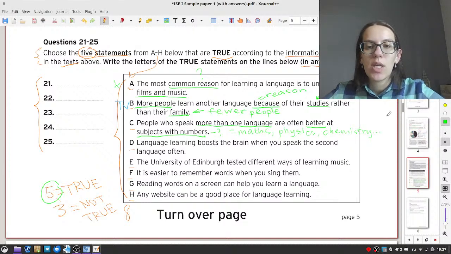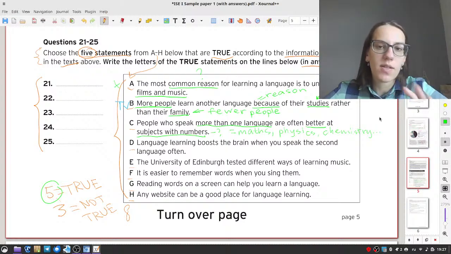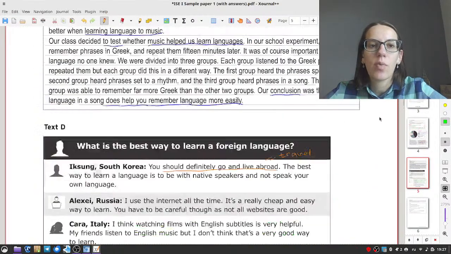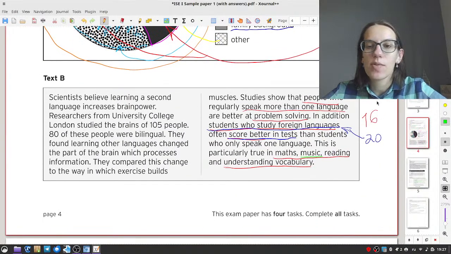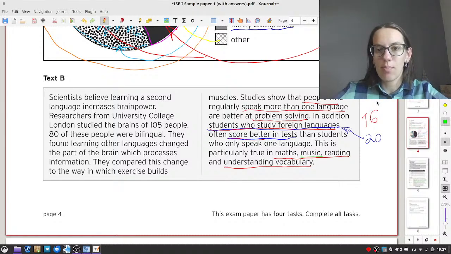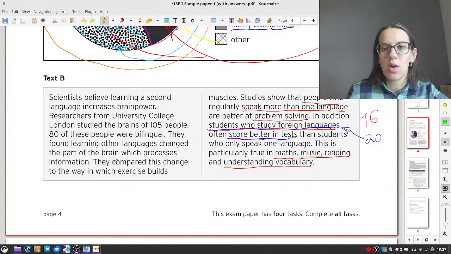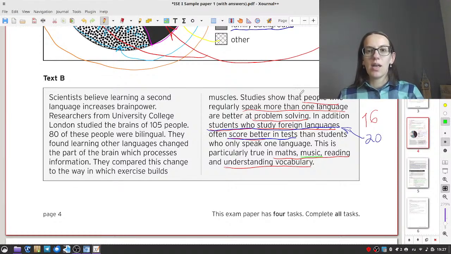So where did we have information about other skills other than language learning? That was in text B, right? And what does it say about people speaking more than one language and subjects with numbers? Well, as we've already done in questions 16 and 20, they are better at problem solving, they score better in tests, people who speak more than one language.